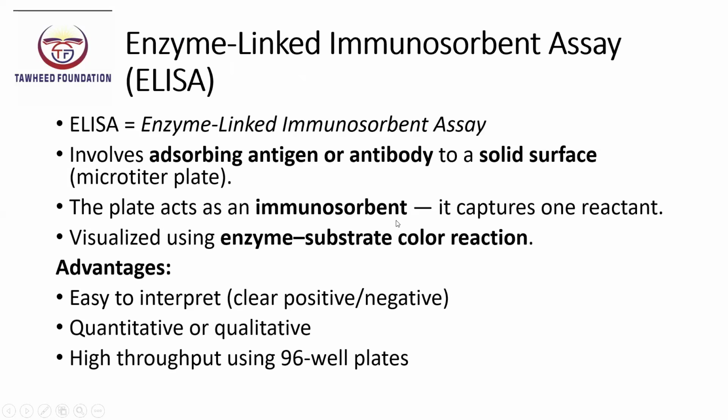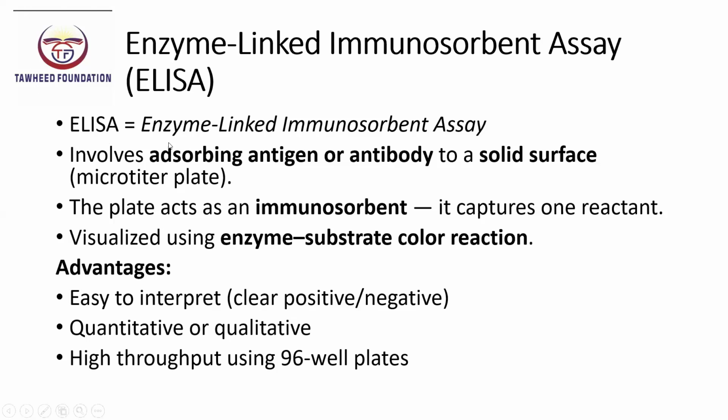Detection occurs through enzyme substrate color reaction. Advantages: easy interpretation, that is clear positive or clear negative result, quantitative or qualitative assessment possible, high throughput capability using 96 well plates, ideal for clinical and research labs.